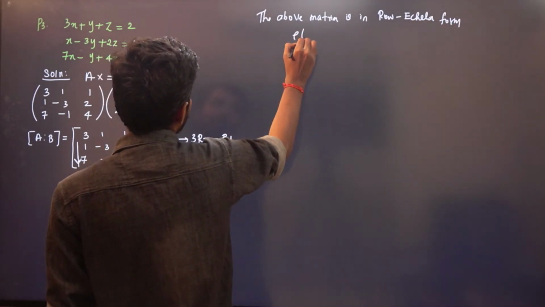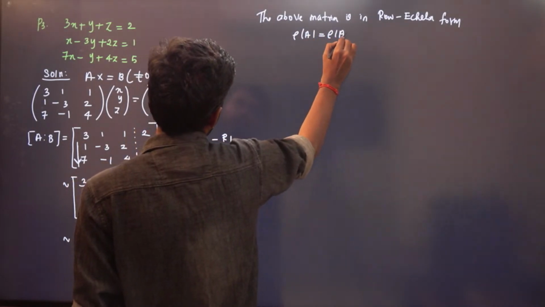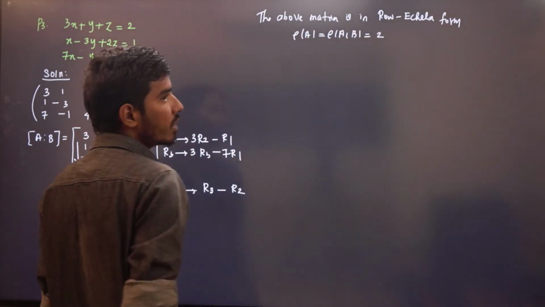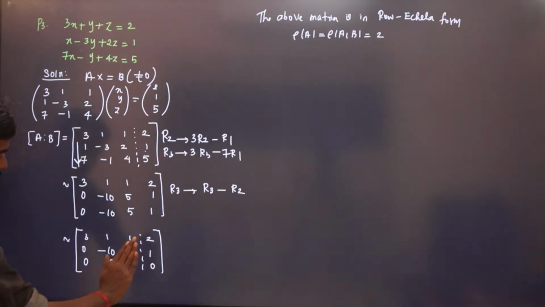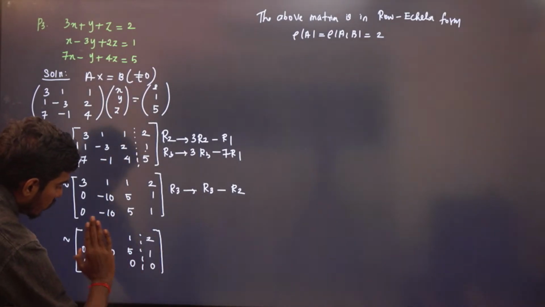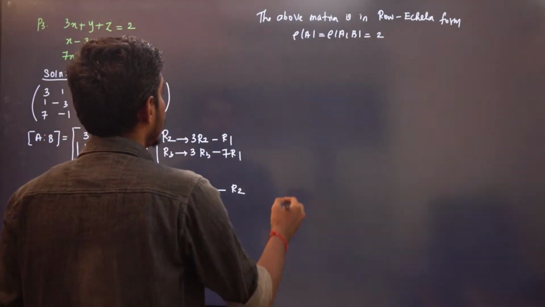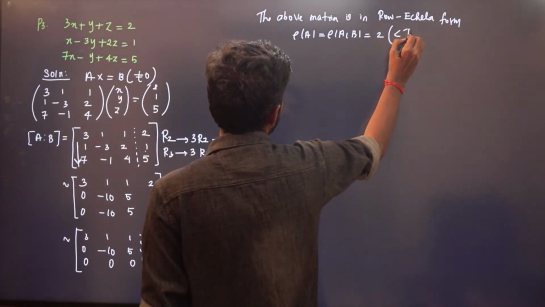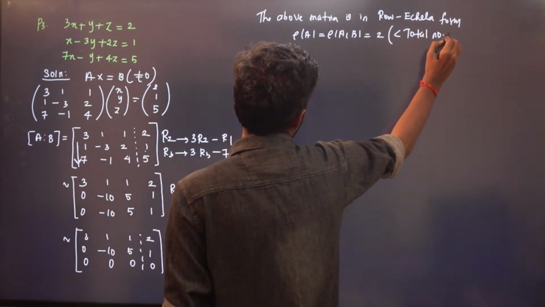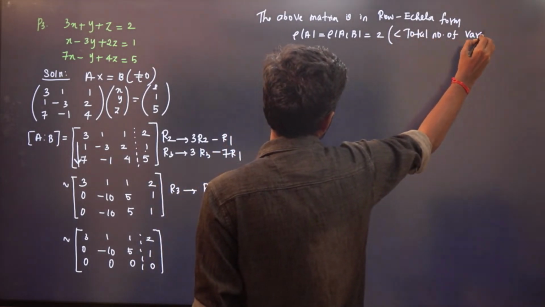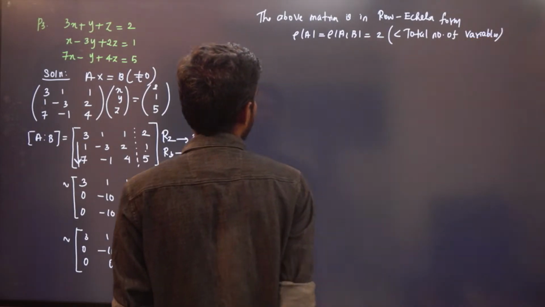And what is the rank of A? Rank of A and rank of A comma B are both equal to 2 in this case, right? So you can see rank of A is 2, and overall rank of A comma B is also 2 here, which is less than the total number of variables.